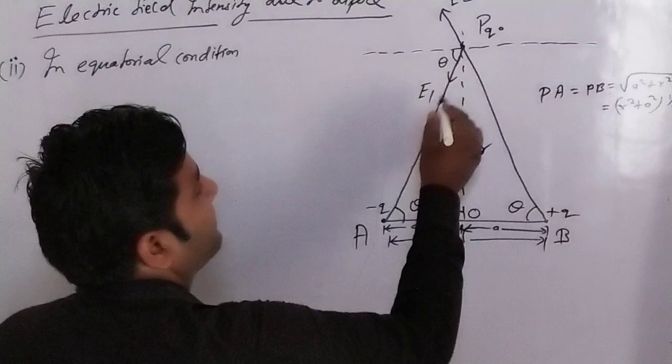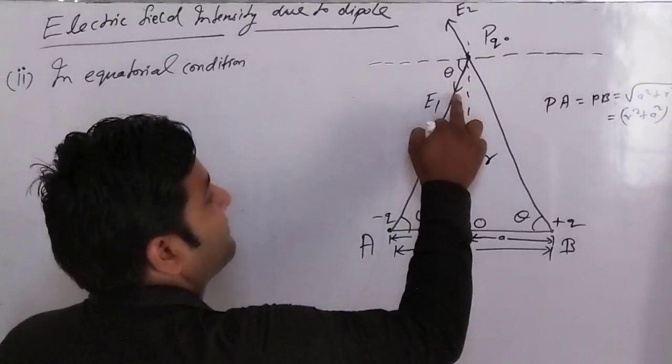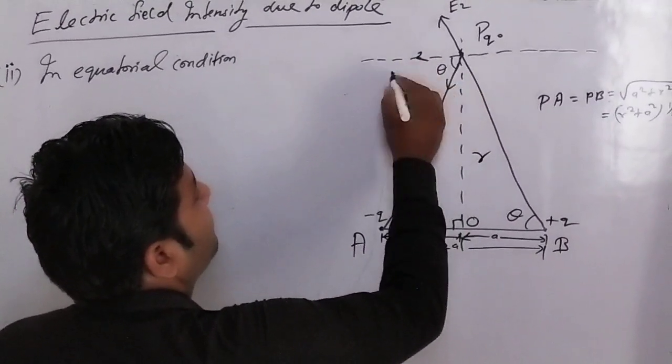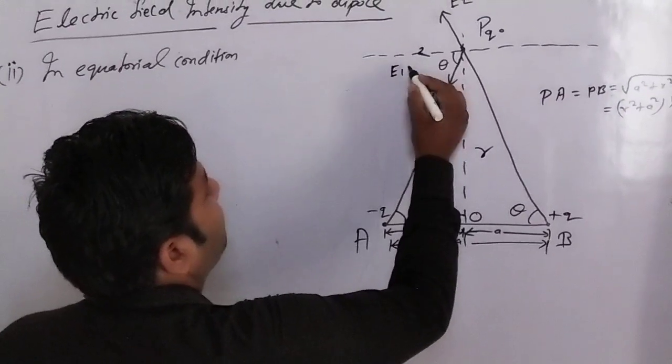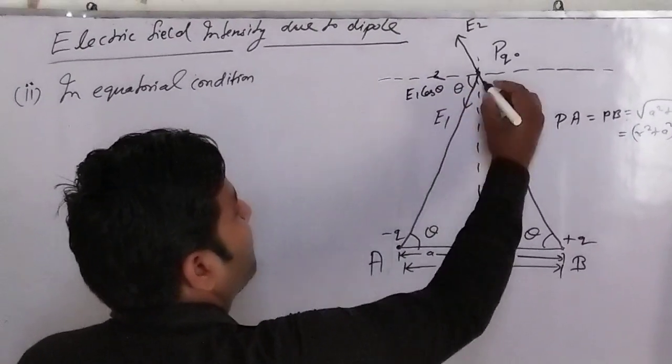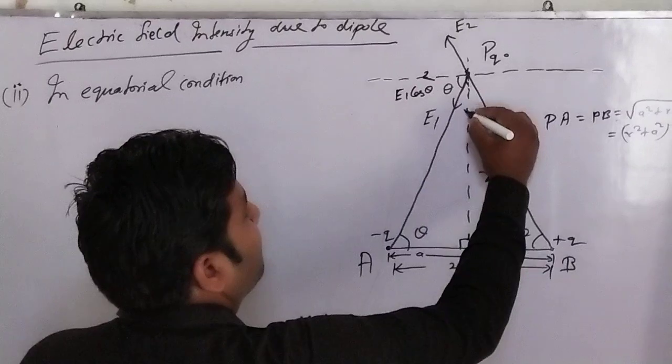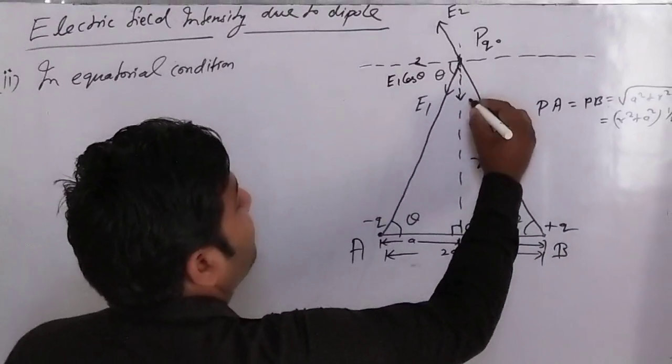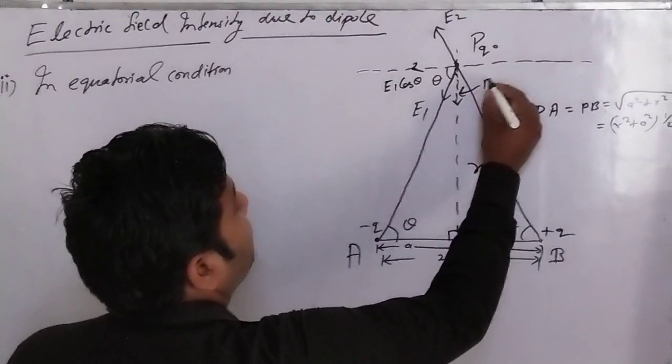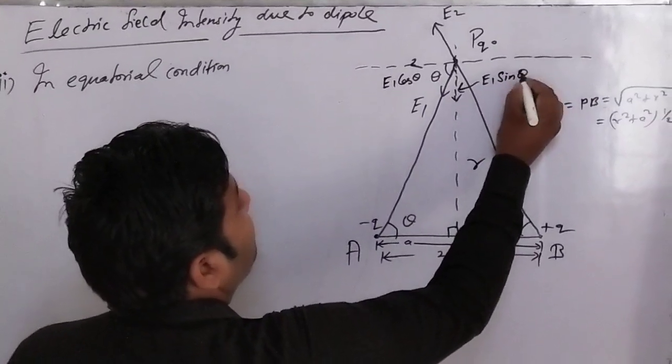The component of E1 along the theta direction is E1 cos theta, and this other one, not E1 sin theta, is E2. This is E1 sin theta.